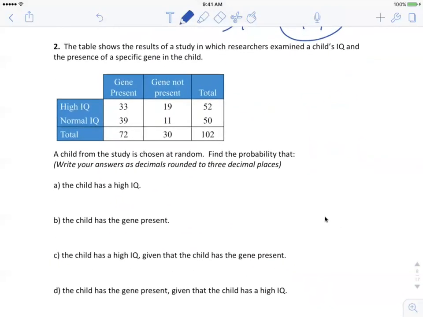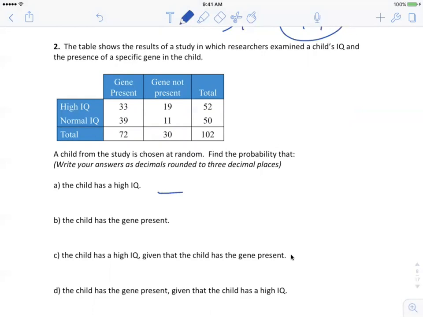So we have child's IQ versus whether we have the gene present or not, okay? Let's take a look. We're going to choose one random child from the study. What's the probability that the child has a high IQ? So if I look at these numbers, I want to set up a fraction here.